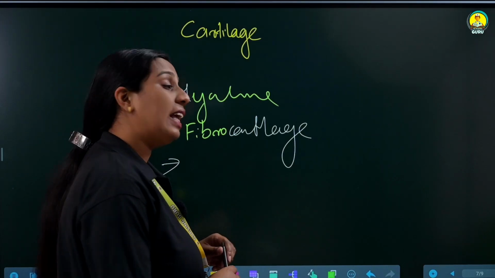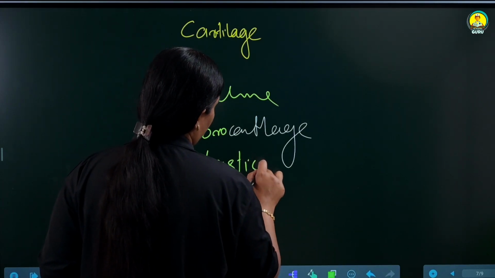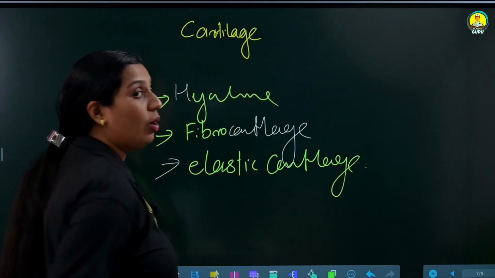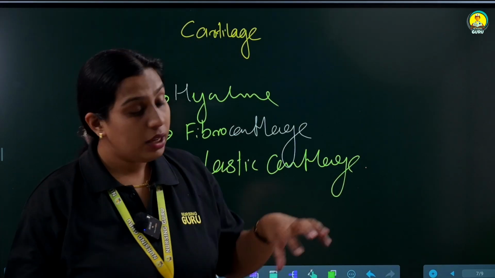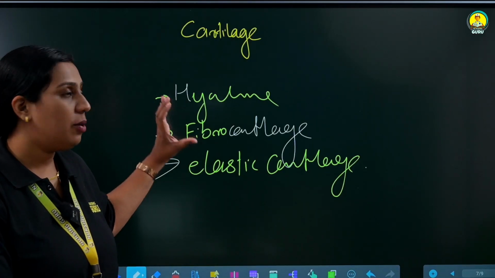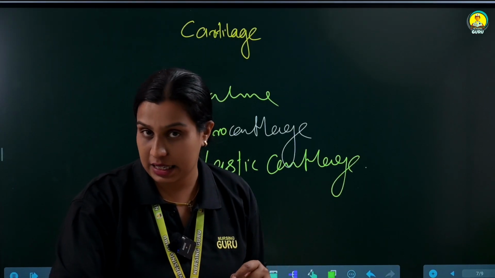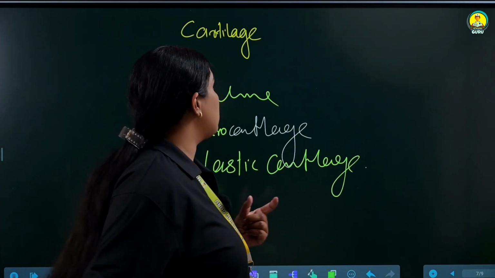The third one is elastic cartilage. Okay, so we are talking about the cartilage. You need to learn about hyaline cartilage and fibrocartilage, and also the third one, elastic cartilage. Is it clear?